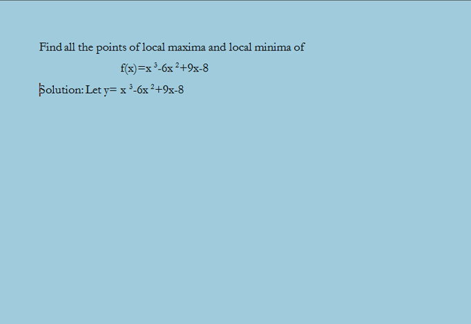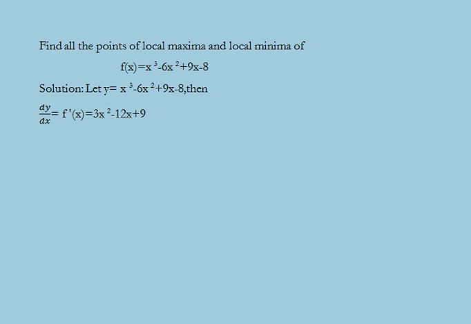Let us consider y equal to f(x), which is equal to x cube minus 6x square plus 9x minus 8. Then dy by dx, the derivative of function f(x), is equal to 3x square minus 12x plus 9, which can be written as 3(x square minus 4x plus 3).